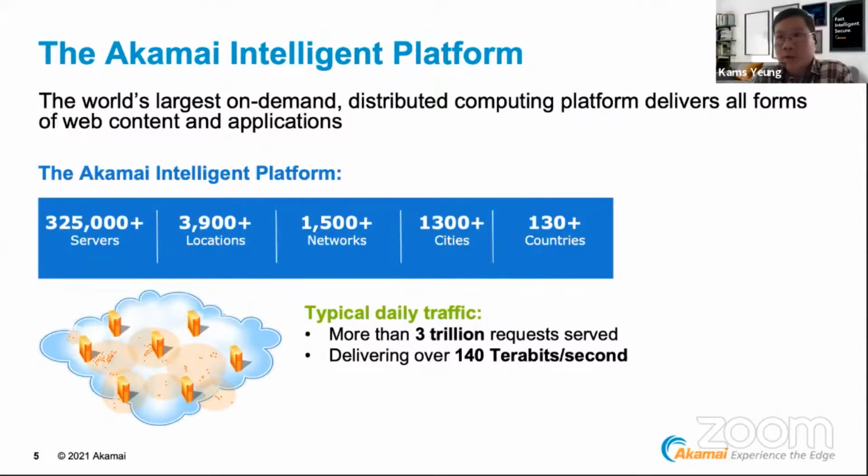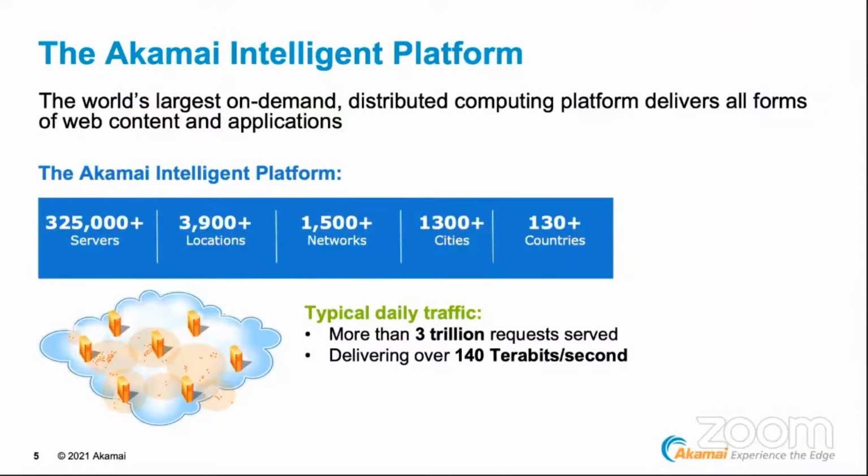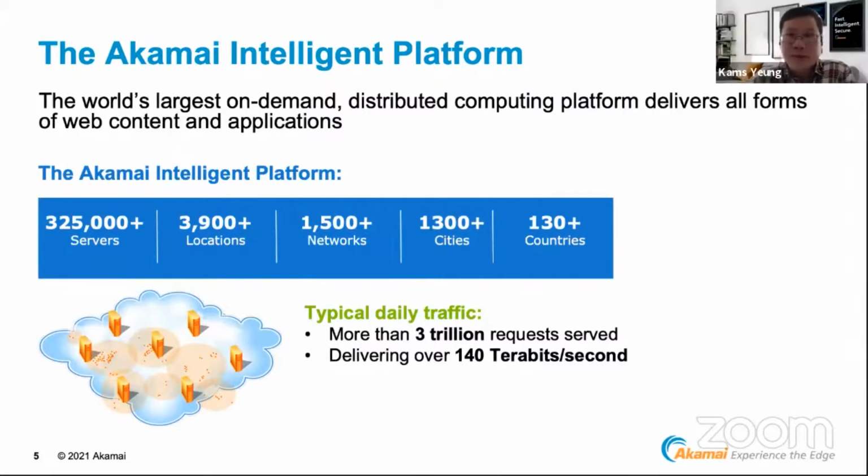This is probably not the latest figure, but I think we have more than 325,000 servers deployed in more than 1,500 networks. And last year, during the pandemic, we delivered over 140 terabits per second at peak traffic. Of course, this is last year's data, and our traffic keeps growing every day.